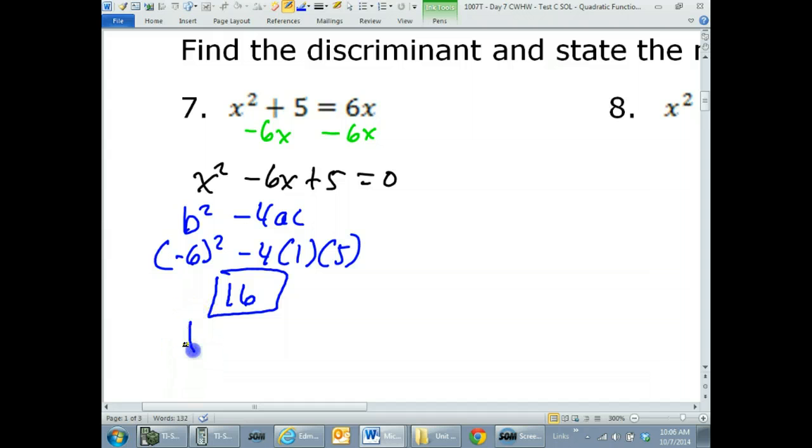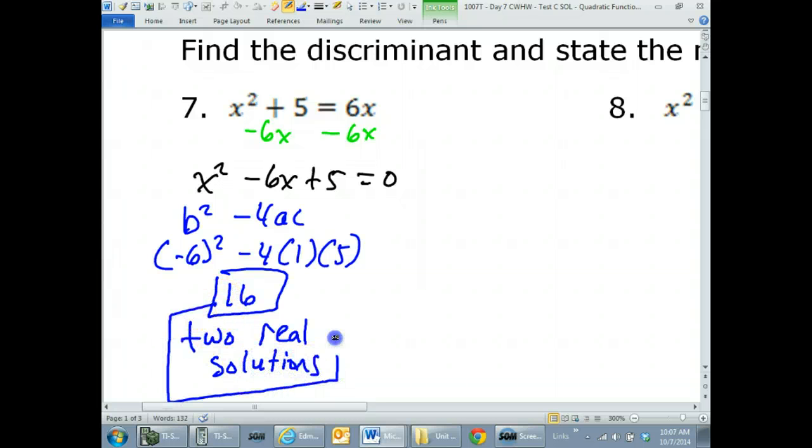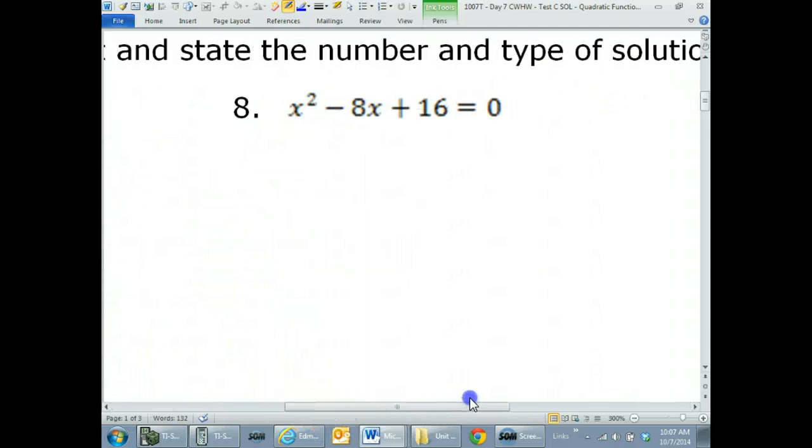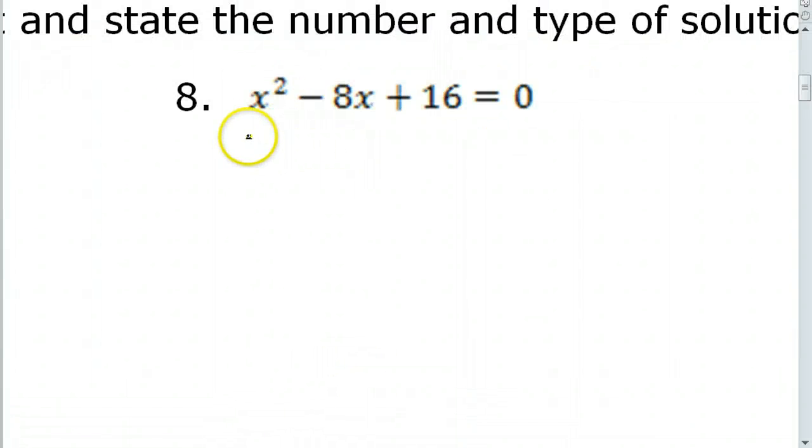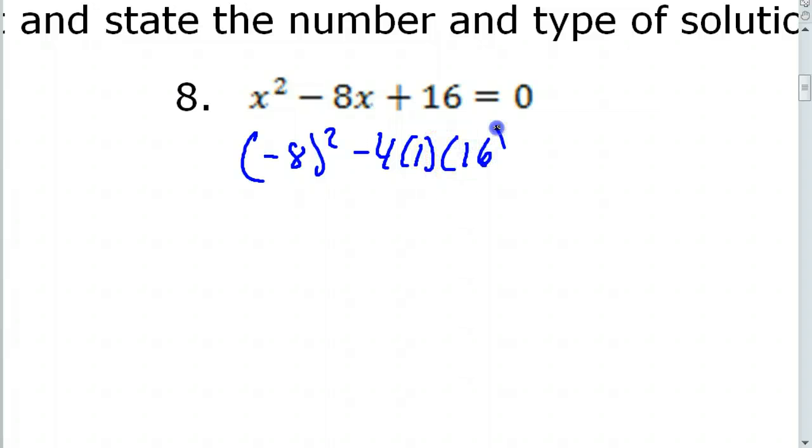Okay, number 8. Let's see, so b squared minus 4ac, so that's negative 8 squared minus 4 times 1 times 16. Okay, so it was negative 8 squared. Notice how I put this negative 8 in parentheses.